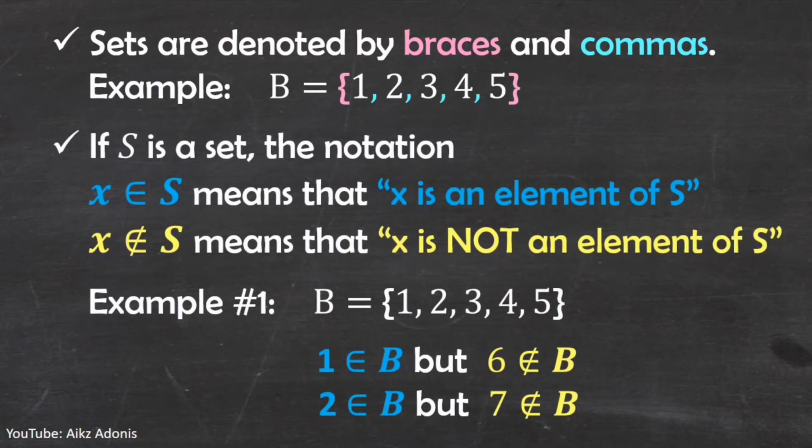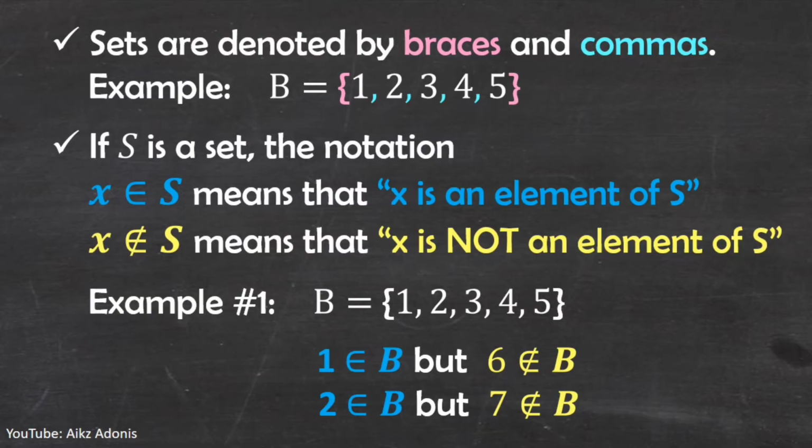Now, let's have the notation of sets. This notation in color blue means x is an element of S, while the second notation in color yellow means that x is not an element of S. You can easily see if the notation is not an element because of the slash or the dash line.